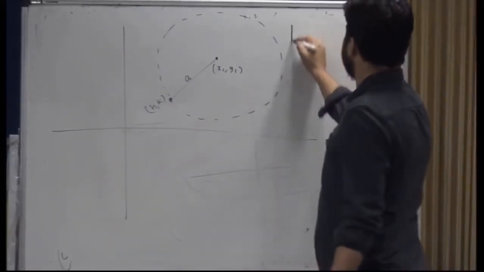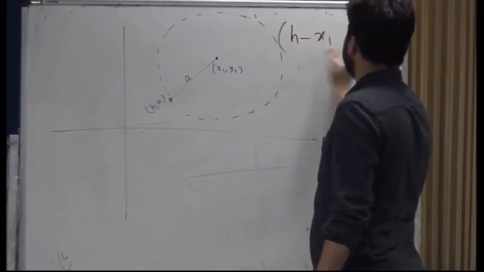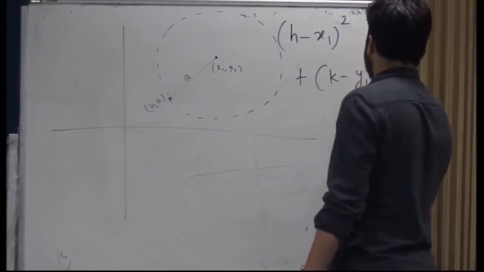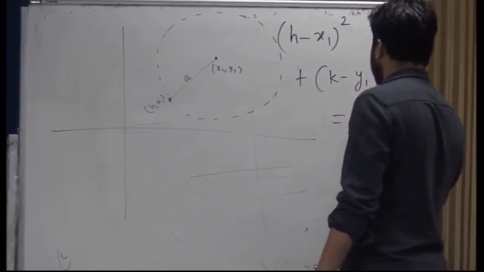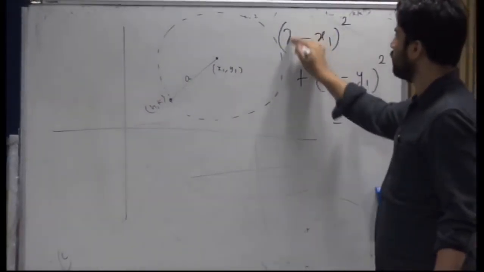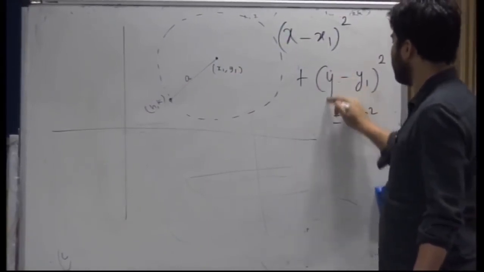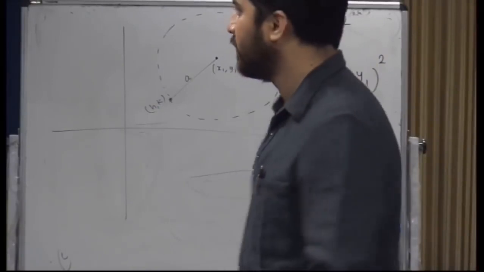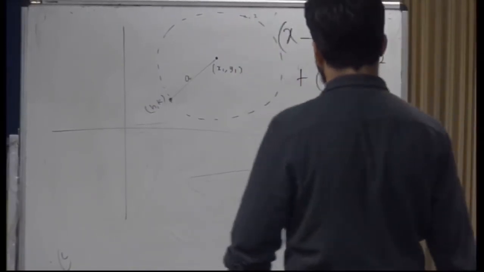So I can say (h minus x1) whole square plus (k minus y1) whole square is equal to a square, and h to be replaced by x, k by y, so this equation becomes the algebraic equation of a circle, right?